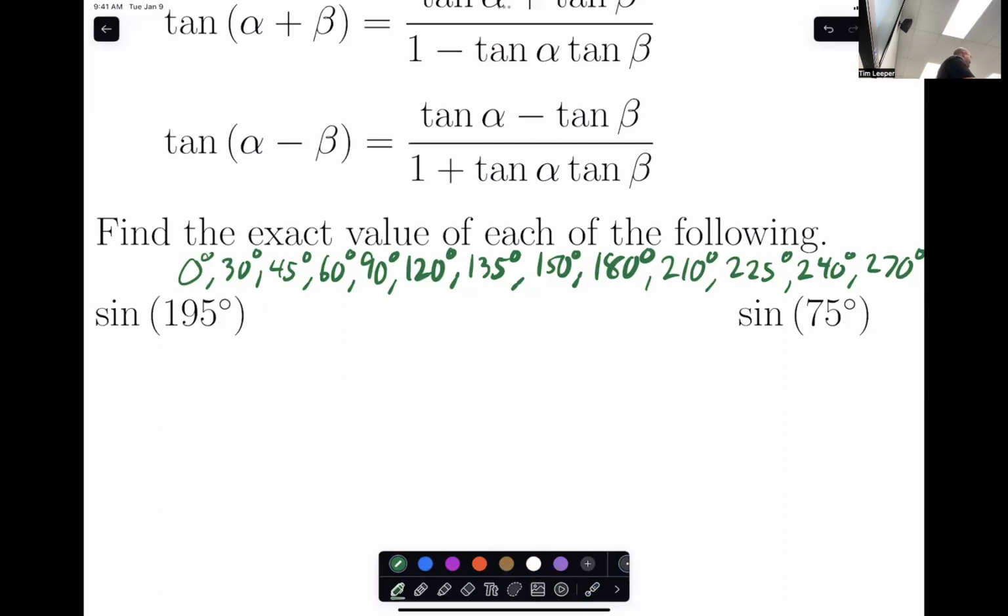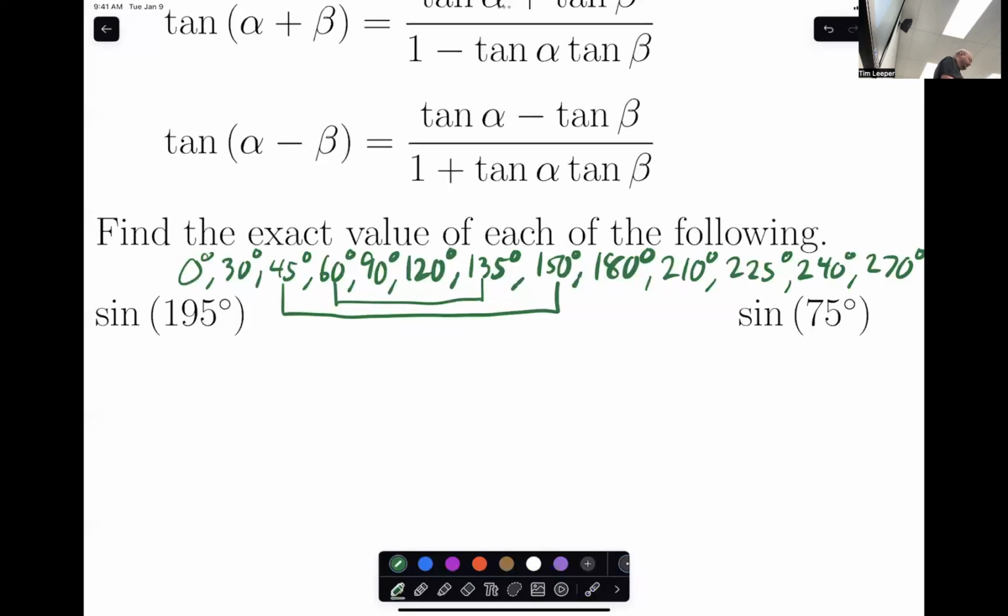Any two angles that can add together to give you 195. 135 and 60. Good. Notice we also have 45 and 150. It doesn't really matter which ones you choose. But that's it as far as I can see for summation at least, right?